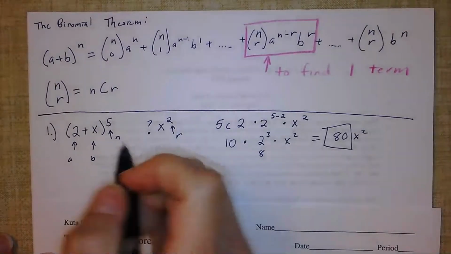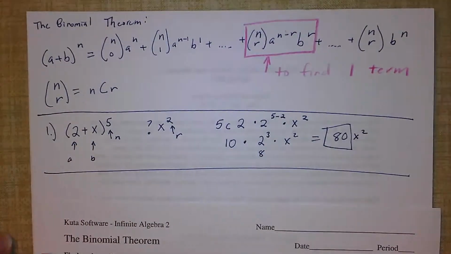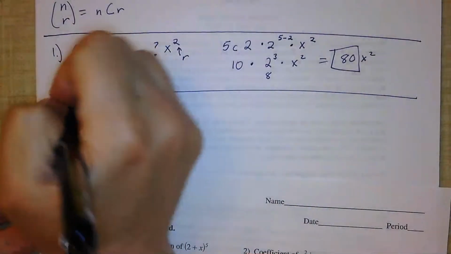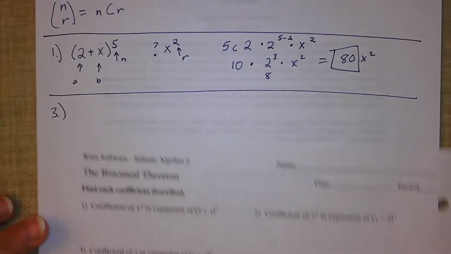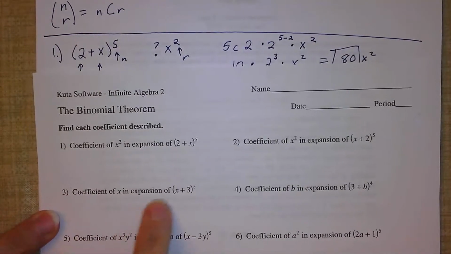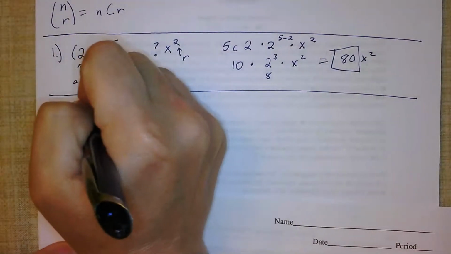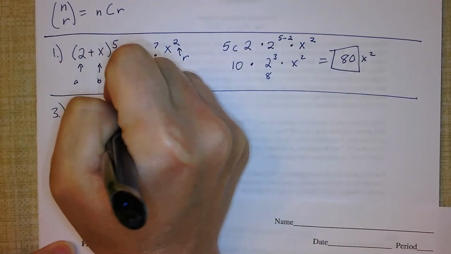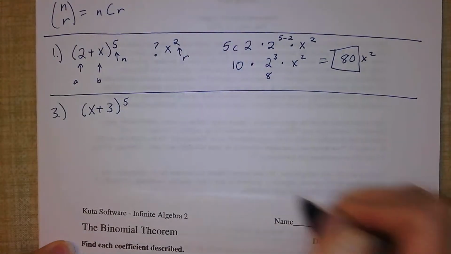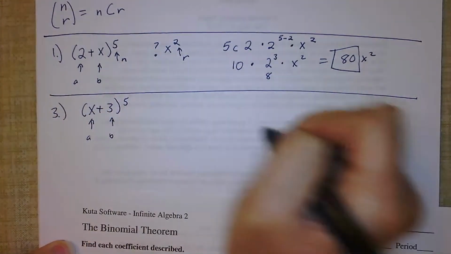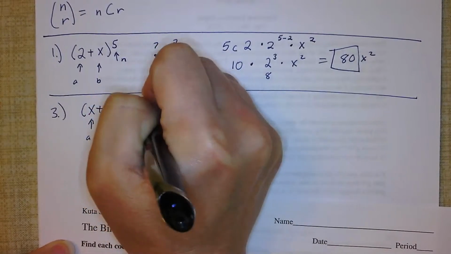Let's take a look at number 3. Number 3 is asking me for the coefficient of x in the expansion of (x + 3)^5. So I have (x + 3) to the fifth power. x is now a, 3 is now b, n is 5.